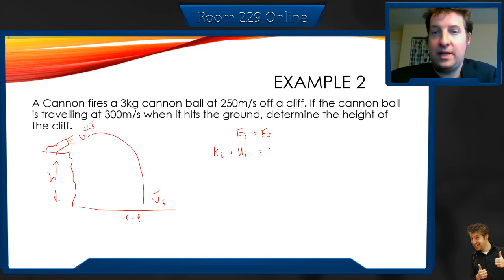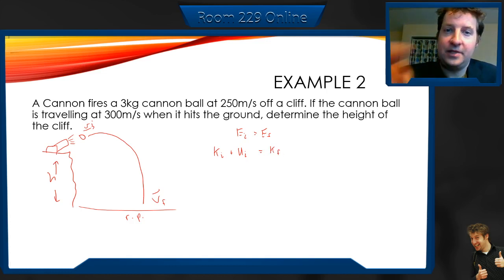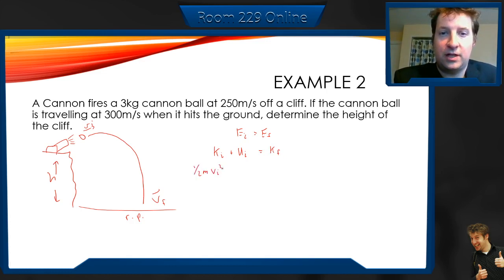And so in the end, it'll only have its kinetic energy. Replacing everything: 1/2 m vi squared plus m g h is equal to 1/2 m vf squared.